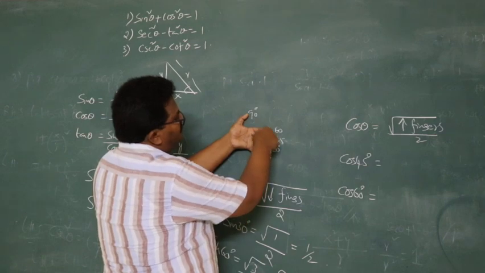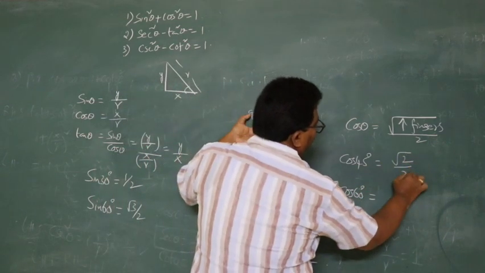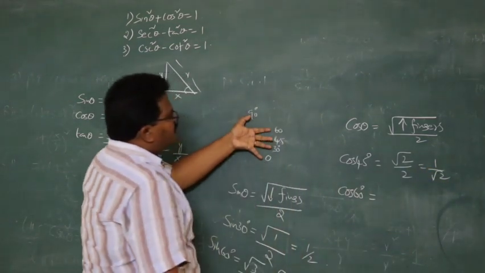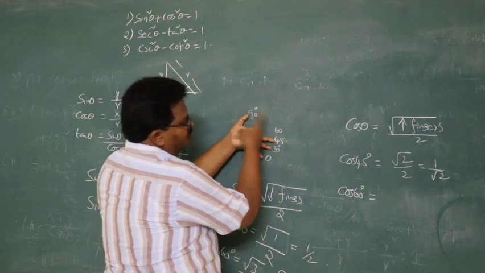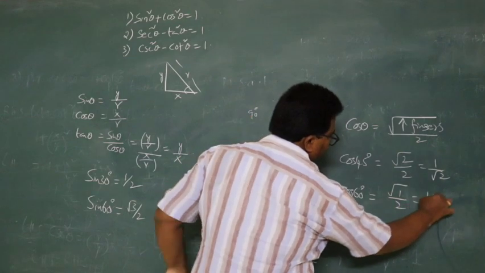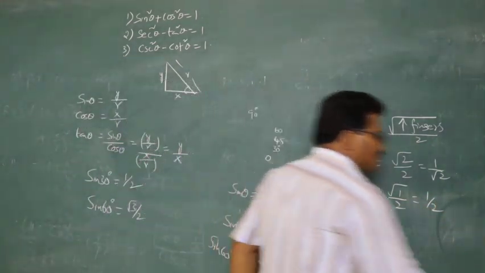Above there are 2, so that is root 2 by 2, that is 1 by root 2. Cos 60 means put this finger like this. The above is 1, root 1 by 2, that is 1 by 2. So in this way we can calculate this.